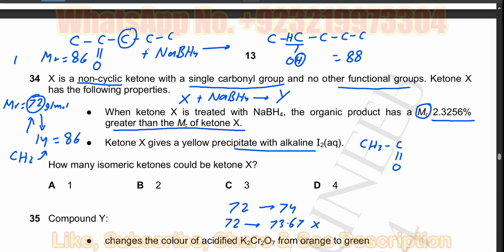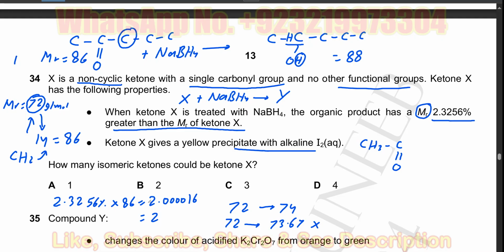So I'm doing the calculations here. I will take again 2.3256% multiplied by the Mr of the original ketone, which is 86, and this will give you 2.4016, which you can consider as equivalent to 2.